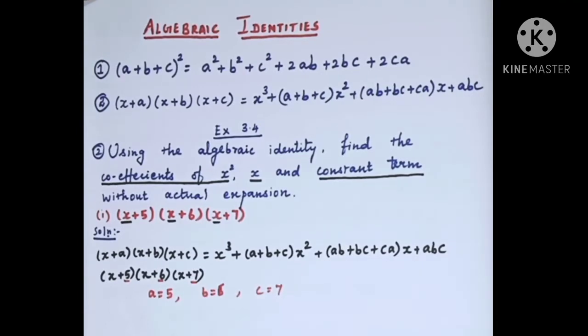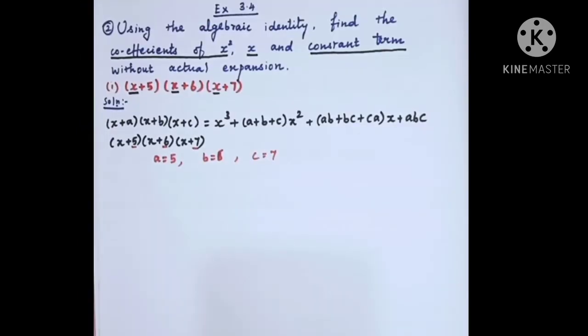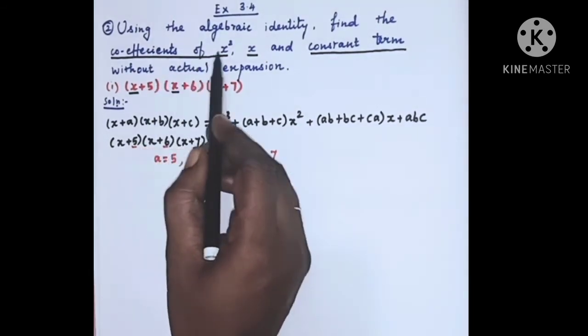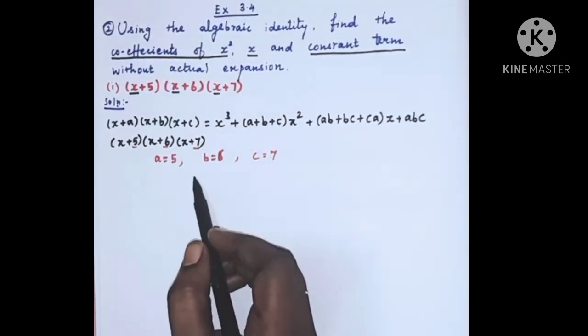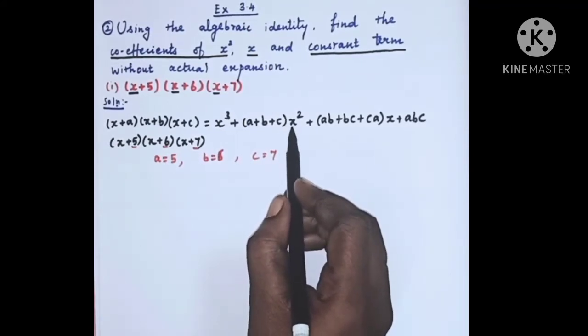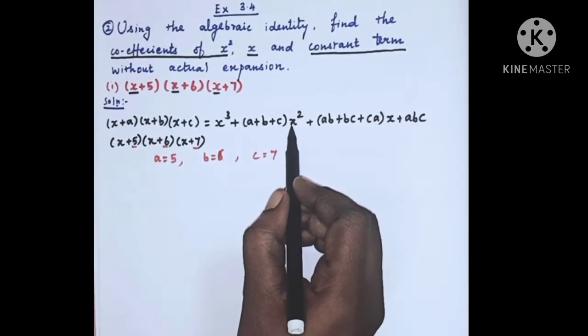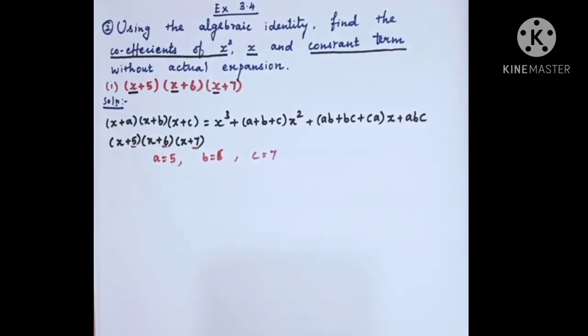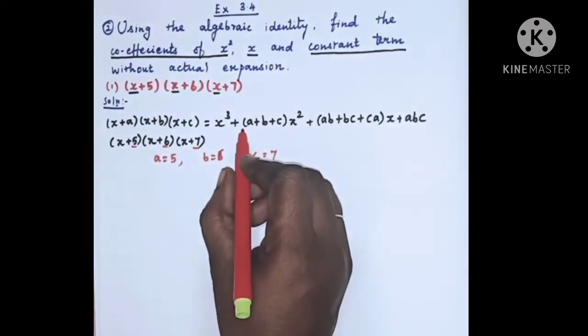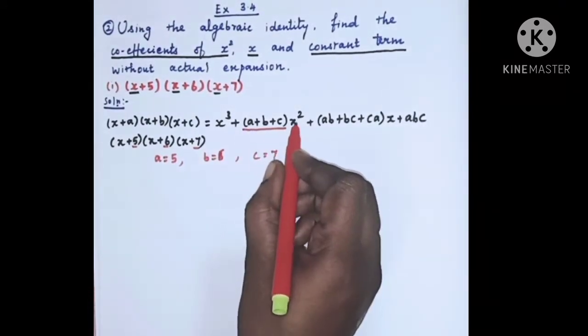Now, the coefficient of x square. What is a coefficient? A coefficient is the term multiplied with a variable. Here they are asking to find the coefficient of x square. The term multiplied by the variable x square is called the coefficient of x square. So here this is the term which is multiplied by x square.